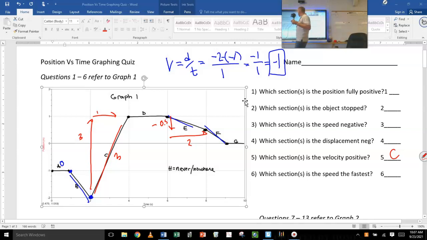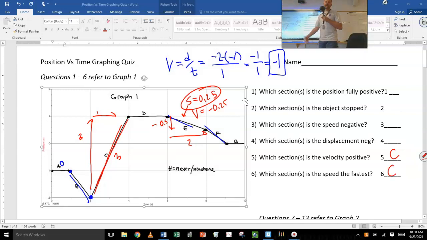So this has a speed of 0.25. And it's got a velocity of -0.25. So which speed has the biggest? It's the one with the largest slope, which is going to be section C again. So there your answers are. Sorry, I had to kind of erase them as I went through.